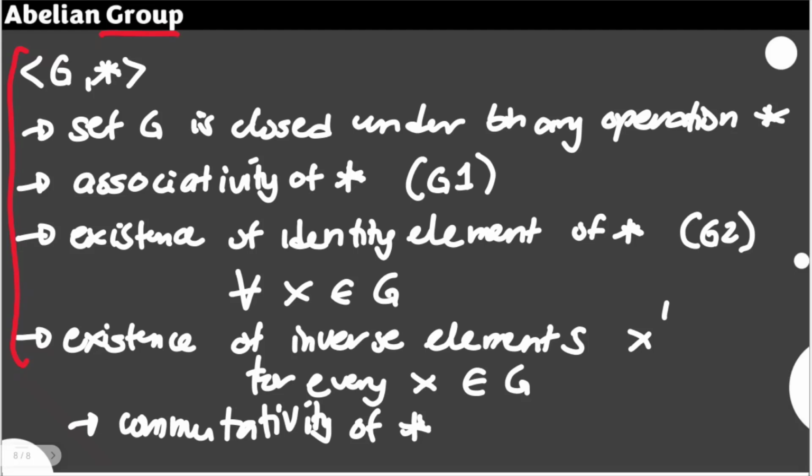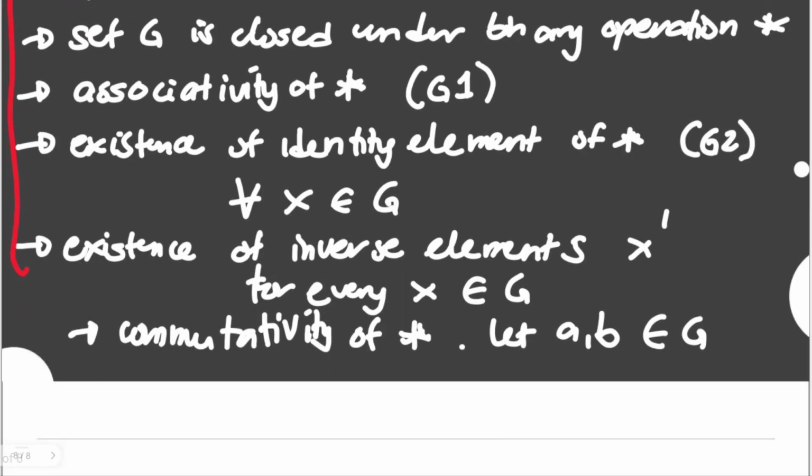In short, an Abelian group is a commutative group. Say for example, let A and B be elements of G, then you can establish that A star B is equal to B star A for all elements A and B in the set G.